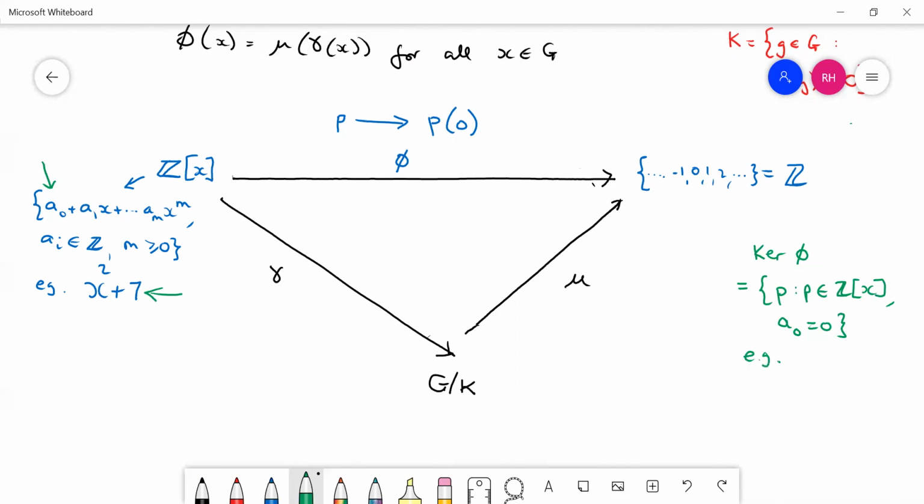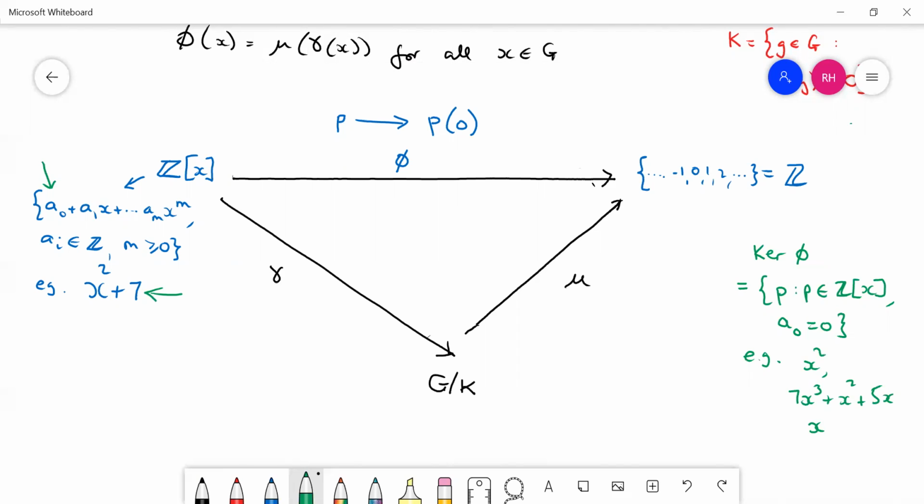These are just all the polynomials that have a 0 constant coefficient. So x squared, 7x cubed plus x squared plus 5x. All of these are in the kernel of phi.